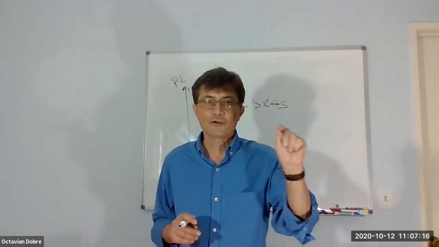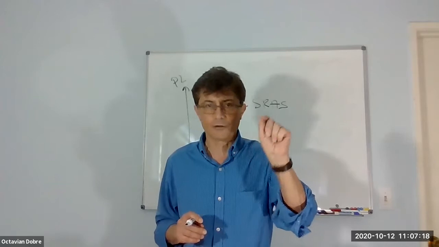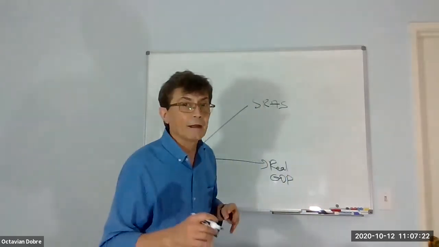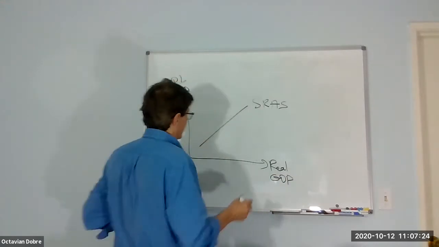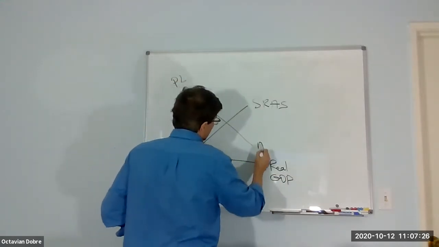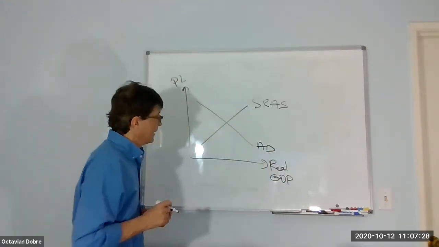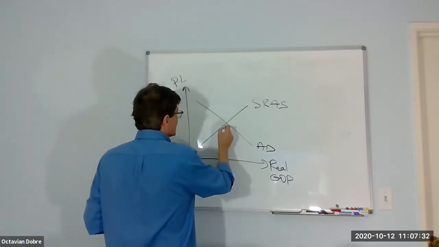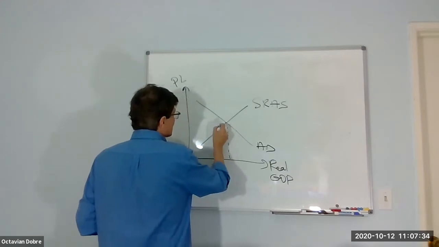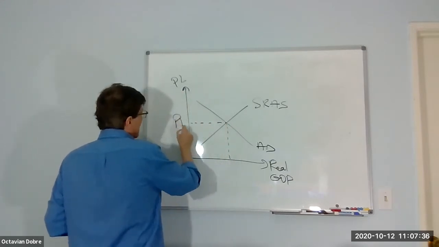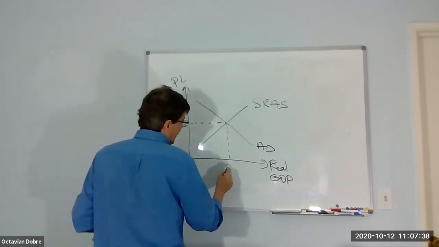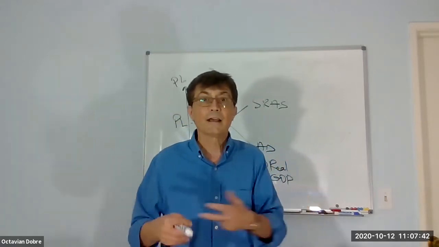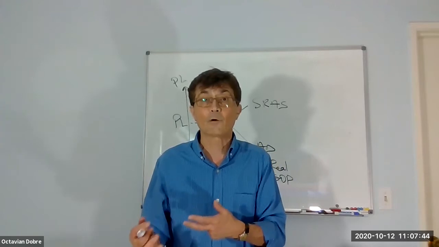Okay, now let's put short-run aggregate supply and aggregate demand together. And if we do that, we have short-run aggregate supply. Here is aggregate demand. And at the intersection of short-run aggregate supply and aggregate demand, at this price level here, we're going to have where quantity supplied of all goods and services is equal to quantity demanded of all goods and services.